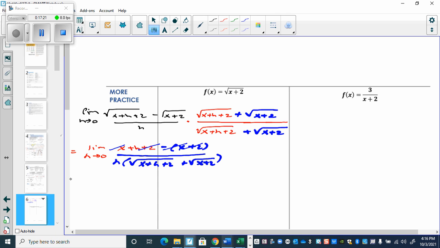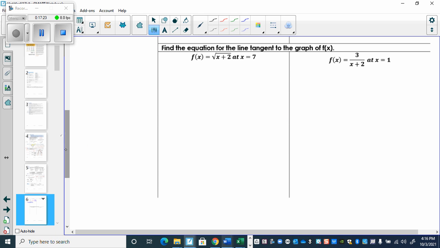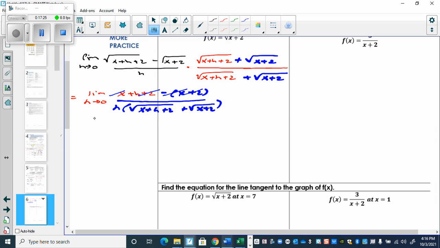And what I end up with on top is the limit as h goes to 0 of h over h times this conjugate, square root of x plus h plus 2 plus the square root of x plus 2. So I'm going to cancel this out.